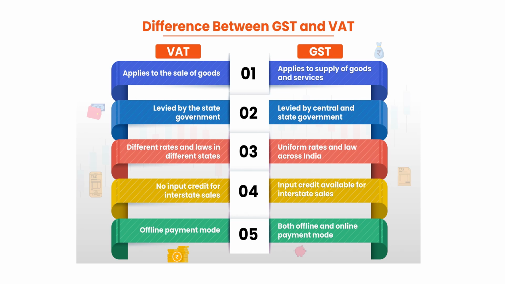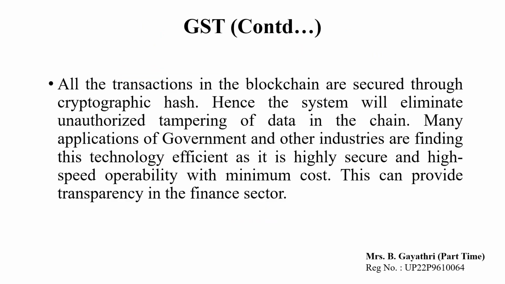There are no input credits in the case of VAT, and it has to be paid only through offline mode, whereas GST is levied by both the central and the state government, and uniform rates are followed across India. Input tax credits are also available in GST, and both offline and online payments can be made for GST.